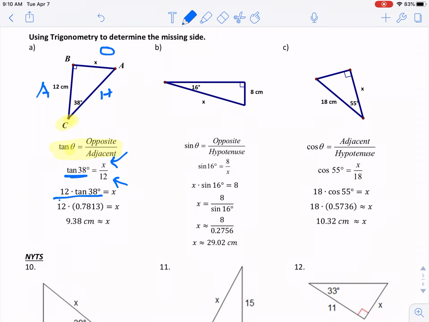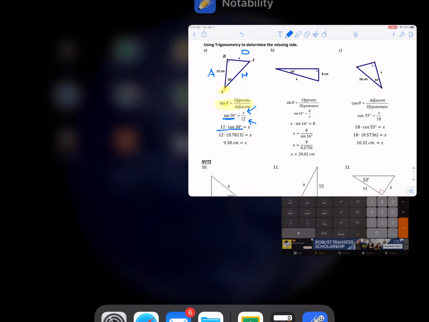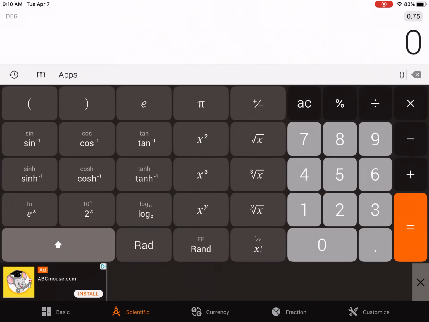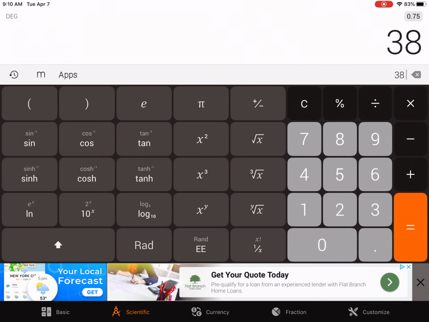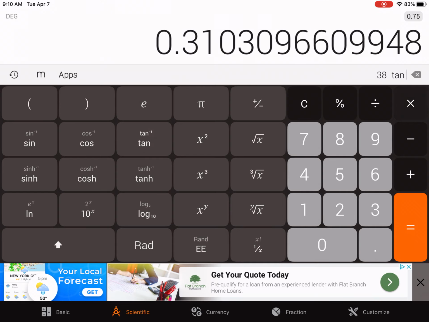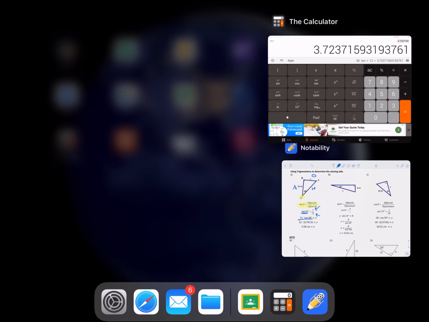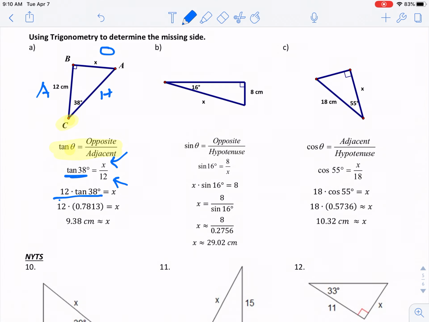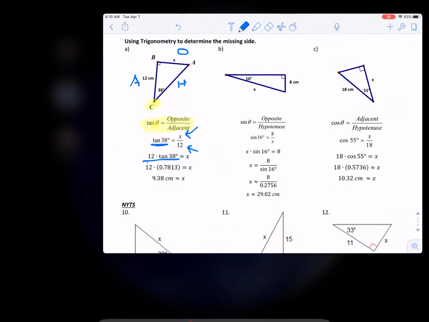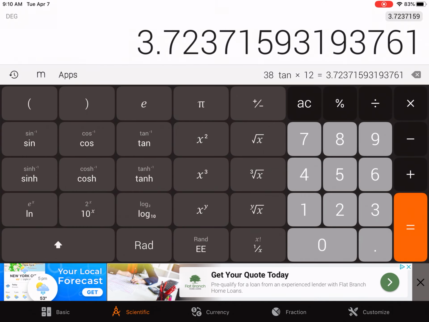All right, they did tangent of 38 first. So clear. 38 tangent times 12. 3.72. Oh. Did I type in something wrong?